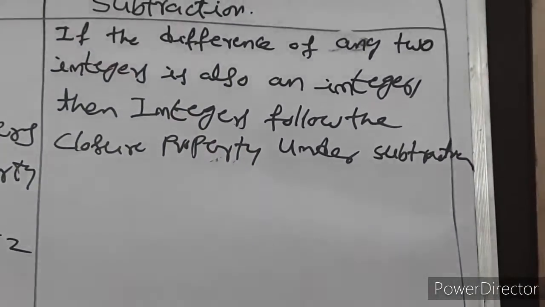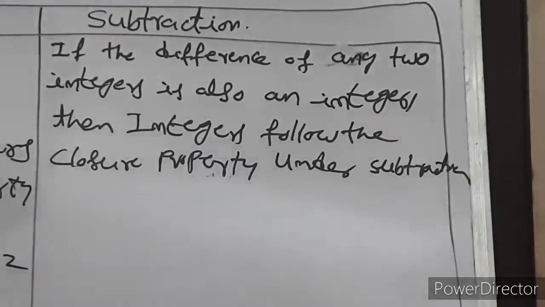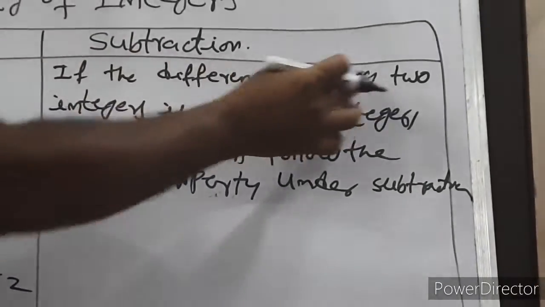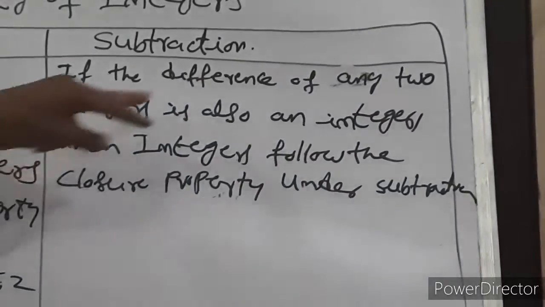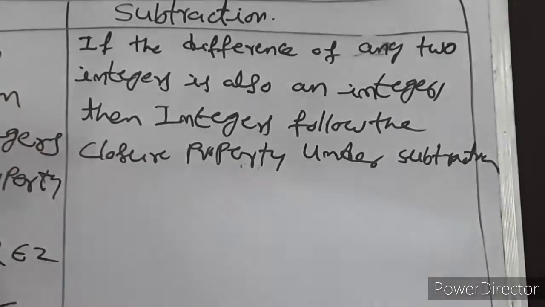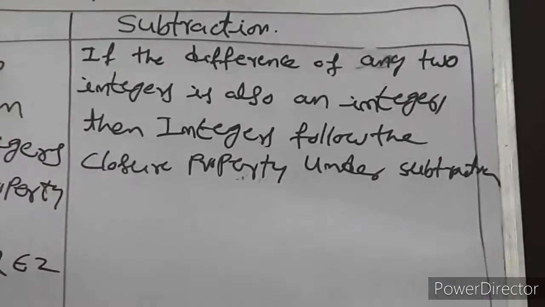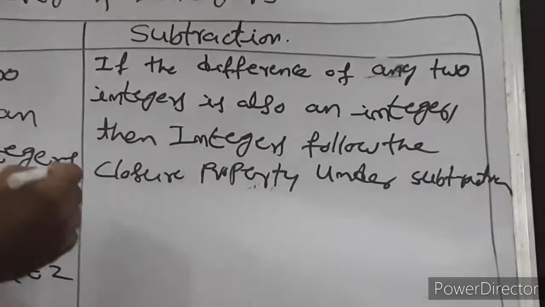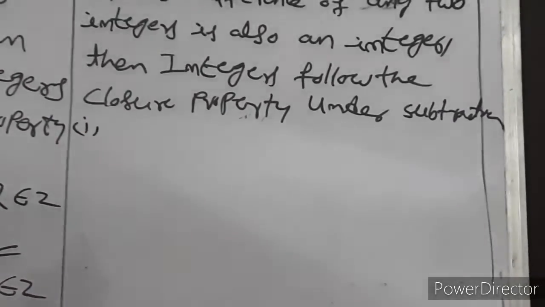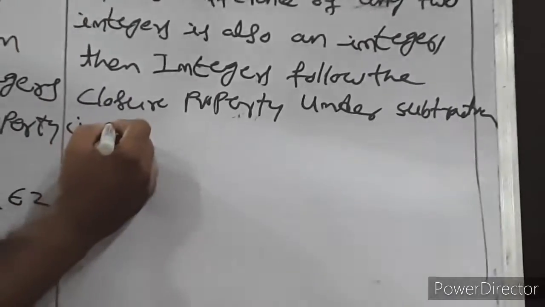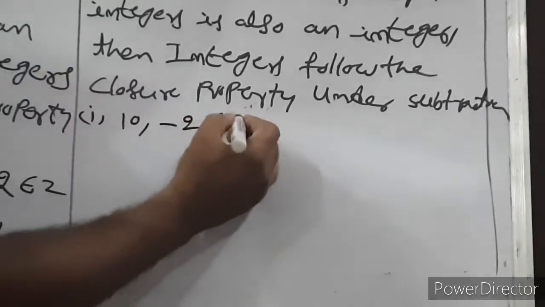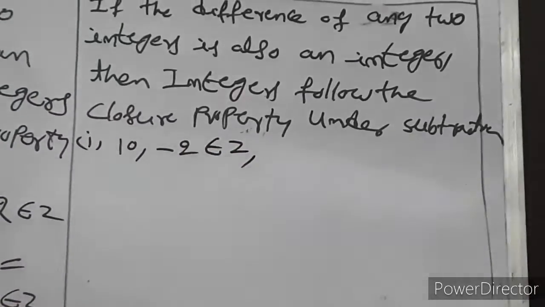Now, we take this property with some examples. That means the difference of any two integers is also an integer. Then the integers follow the closure property under subtraction. So, take some examples. Suppose you take two integers, 10 and -2 belong to Z. What is the difference?